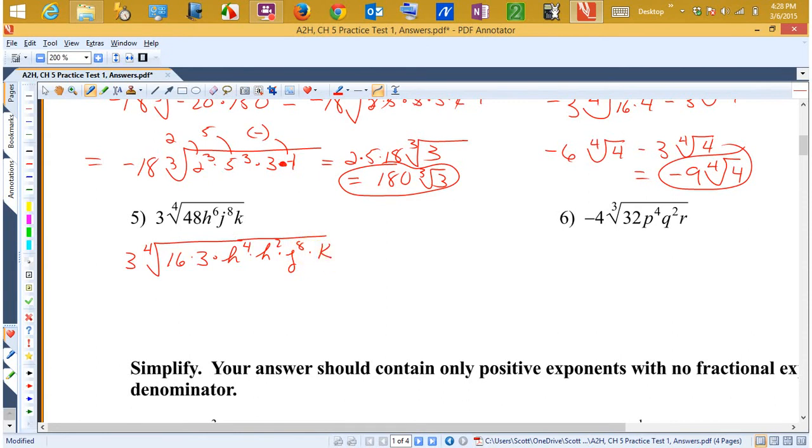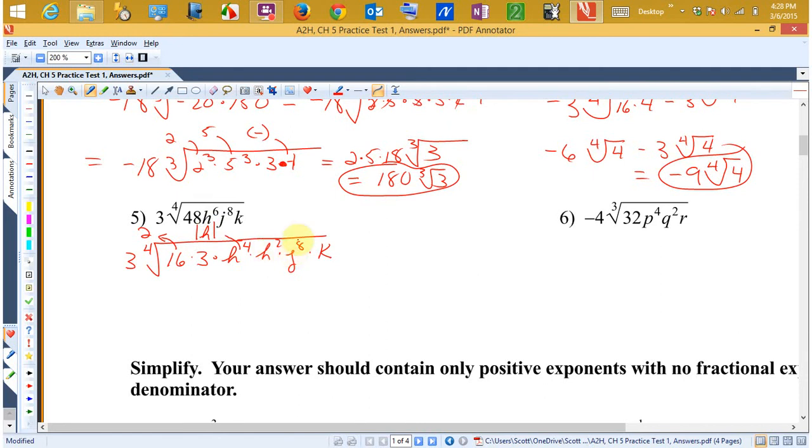Okay, so let's see what's going to come out of there. The fourth root of 16 is 2, so 2's coming out. 3 stays under, h to the 4th comes out. Now, because I can't have a negative on an even root, this h is going to have to come out as an h, and since the power is 1 on that, I'm going to have to put that underneath absolute values. This h squared stays under.